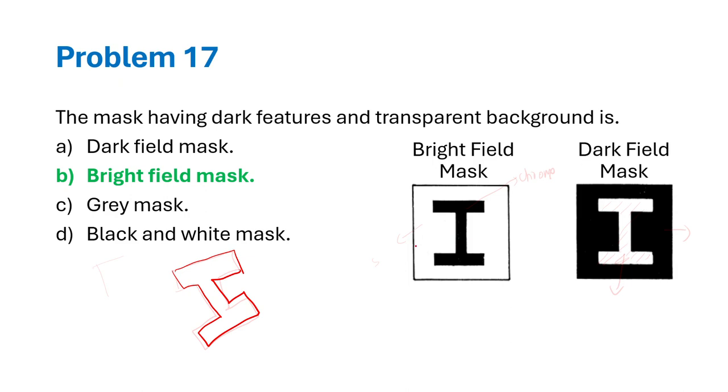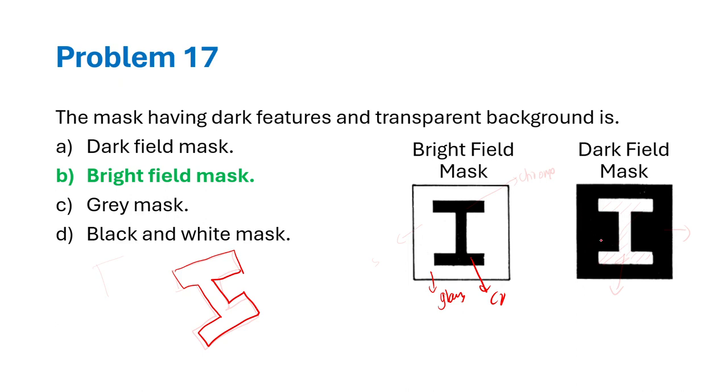In those regions the light will not pass through. There will be some chrome. If it is a soda lime mask, the remaining will be soda lime or glass, and this will be chrome. So this chrome material will block the light that is passing through this region, and in all the other regions it will be transparent. So that is bright field mask, where we have some small opaque region surrounded by a large amount of transparent region.